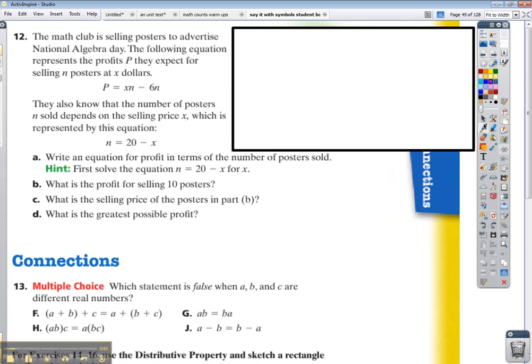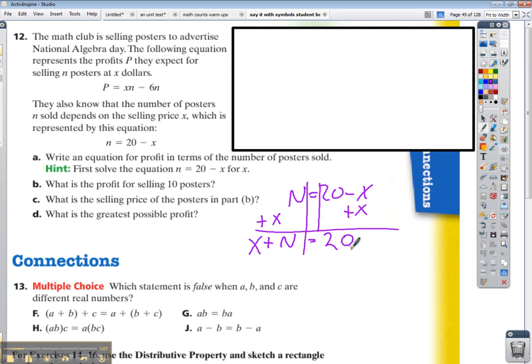In other words, your first step is going to solve this second equation for X. So we have N equals 20 minus X. We need to get the X by itself, so we're going to add X to both sides, because we really do want this positive X, not a negative X. So we end up with X plus N, because the N is positive, is equal to 20, because negative X plus X is 0.